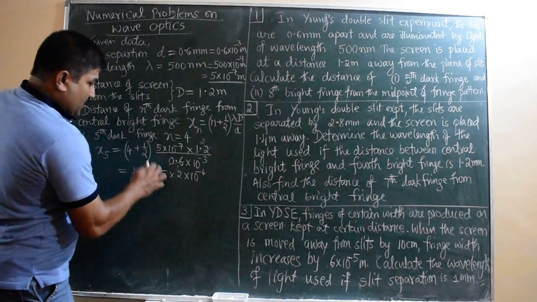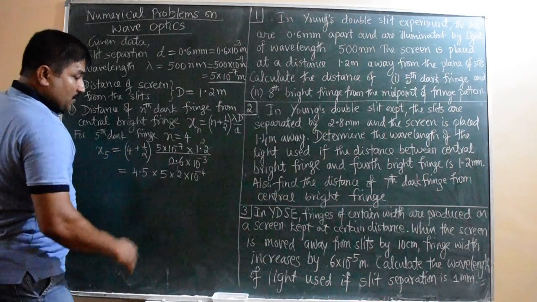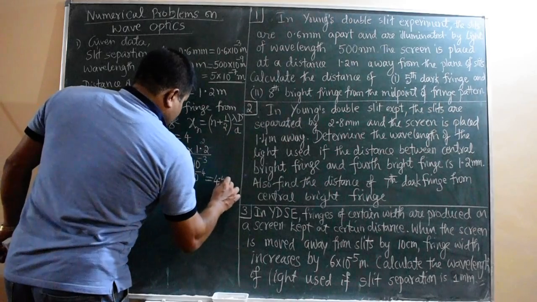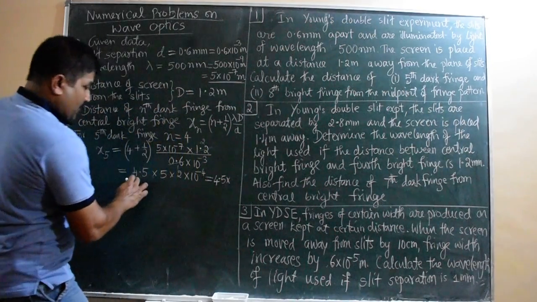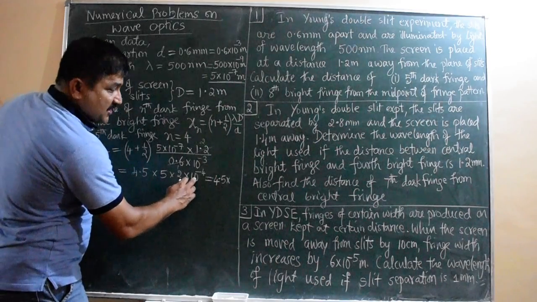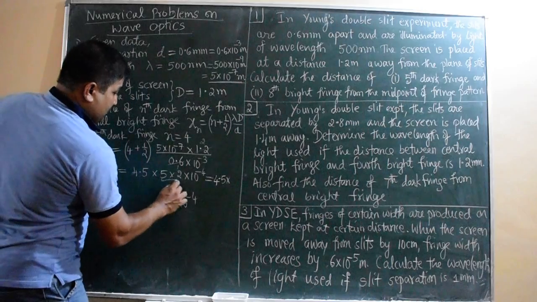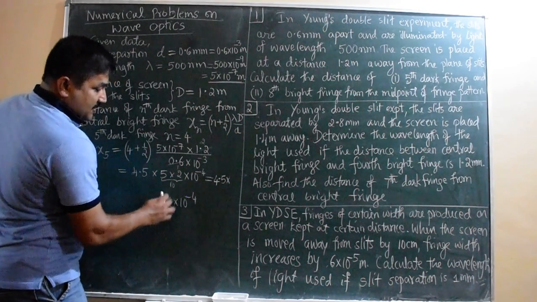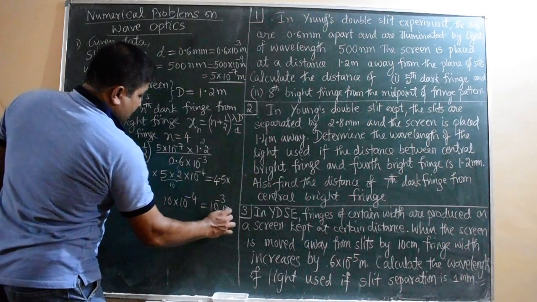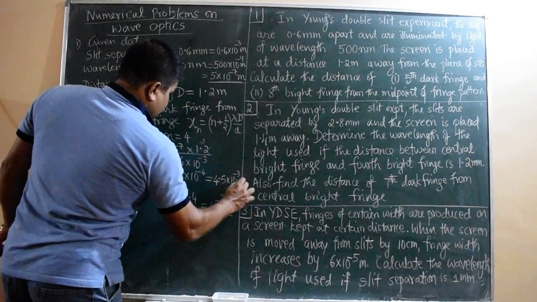Now you see 2 into 5 is 10. So 4.5 into 10 into 10 power minus 4. This number is 10, so 10 into 10 power minus 4 is 10 power minus 3 meter unit.